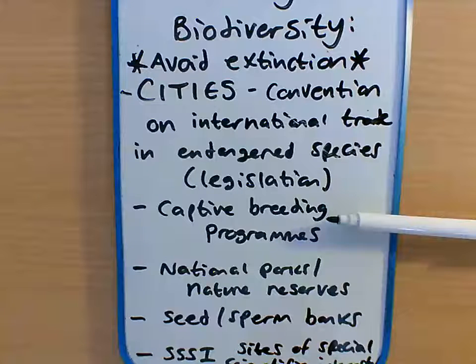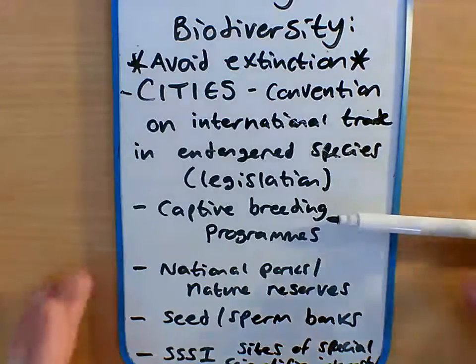And then they boost the numbers in their natural habitat, and eventually they become less endangered. So that worked very, very well for the American bald eagle and the condor.